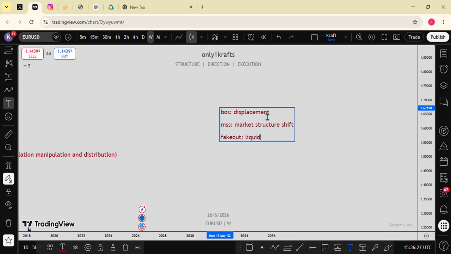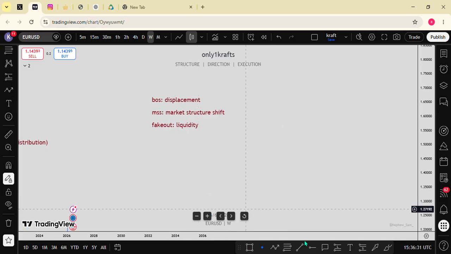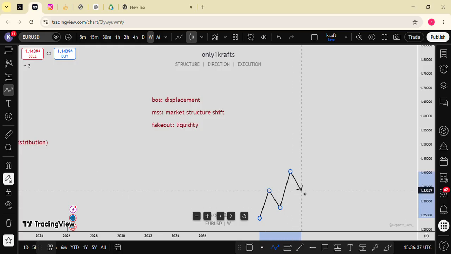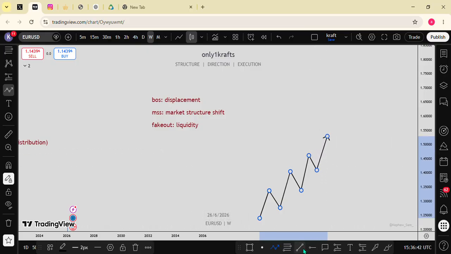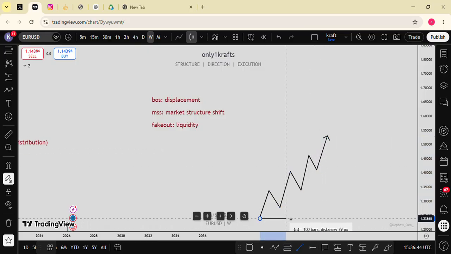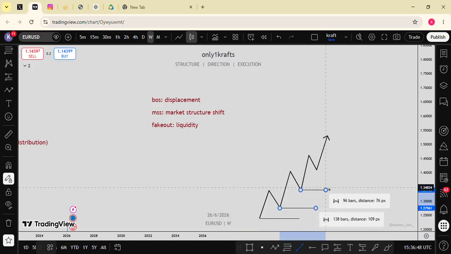Fake out or liquidity sweep. Now don't forget, I think I've told you, at every swing point is money, right? At every swing point we have money there. So this point, money, right?